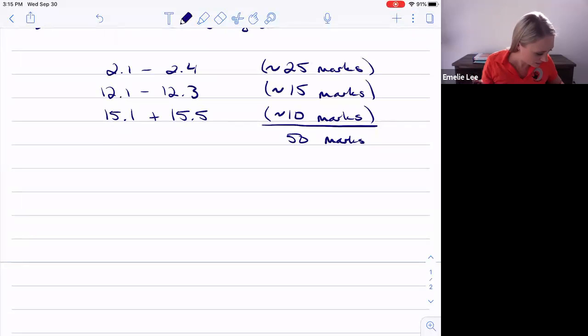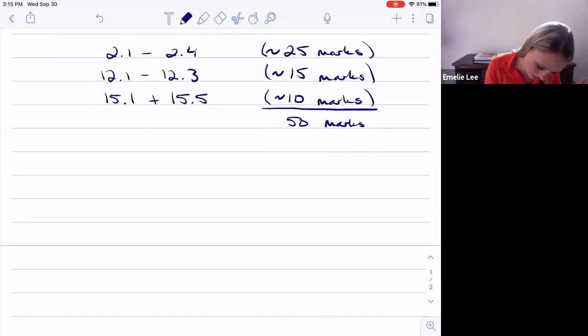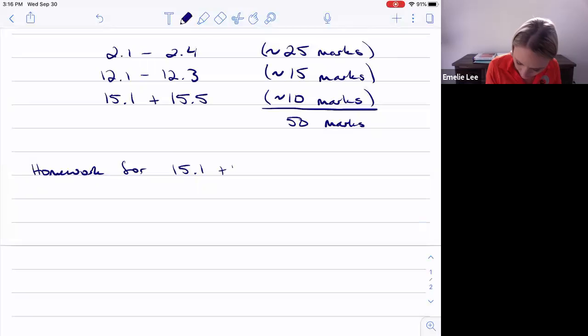What else did I have written here? I posted homework for 15.1 and 15.5.